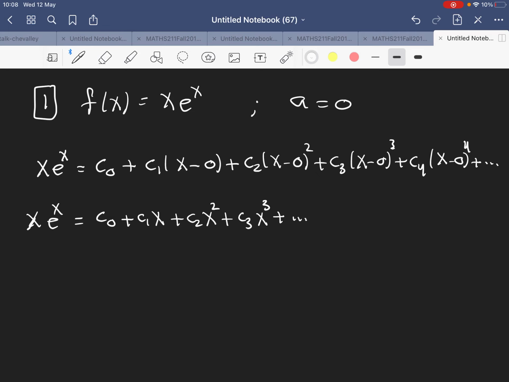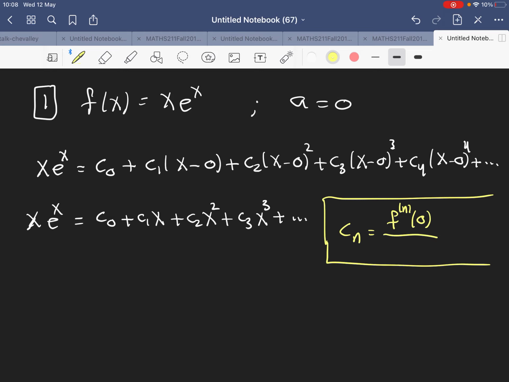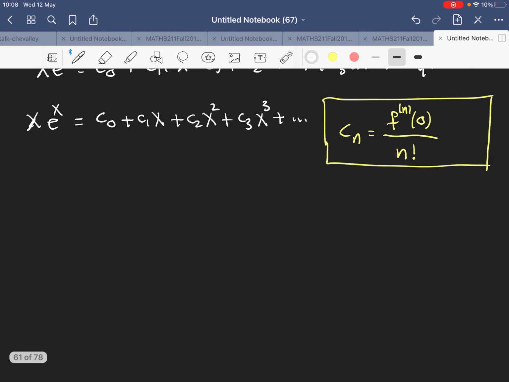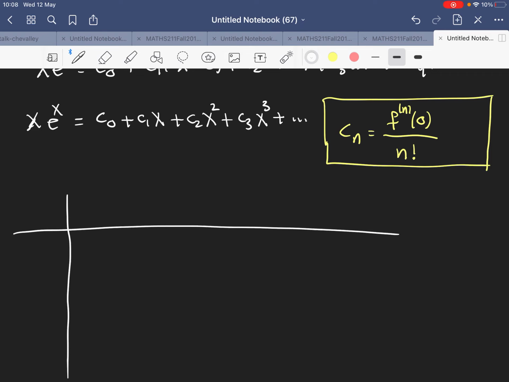Now the goal is to find c_n. Remember, what is c_n? c_n is just the nth derivative substituted at 0 over n factorial. So the best way to do this, I will make a little quick table up here to see what my c_n is. Here I will put n.